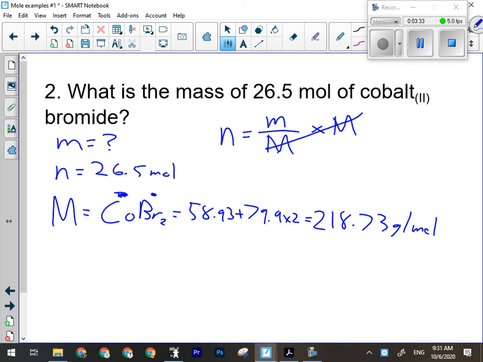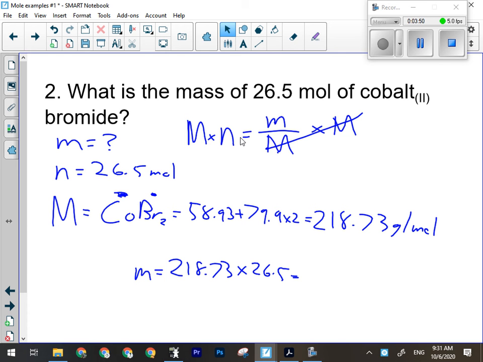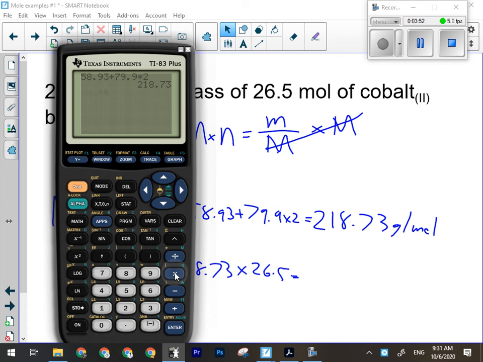So our mass is going to equal 218.73, the molar mass, times the number of moles, 26.5. So it's going to be a lot. 5,796.35 grams.